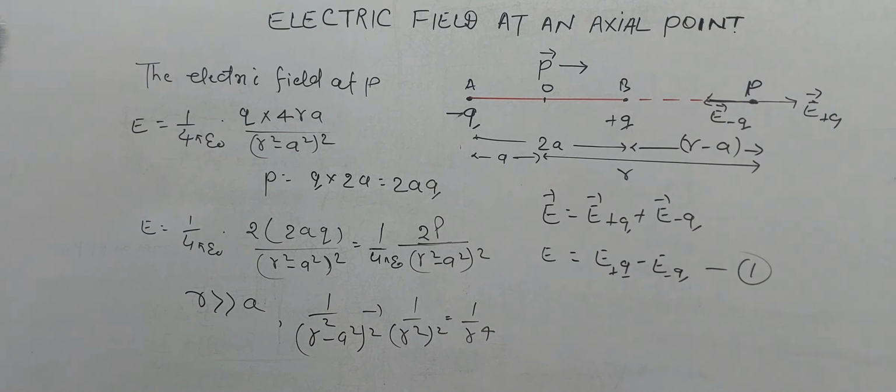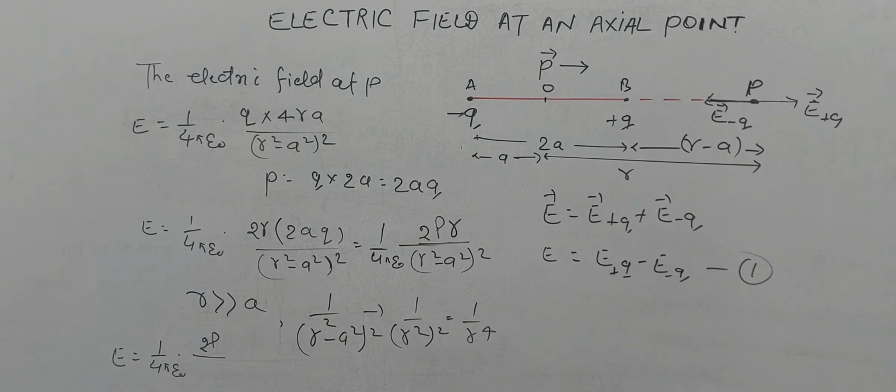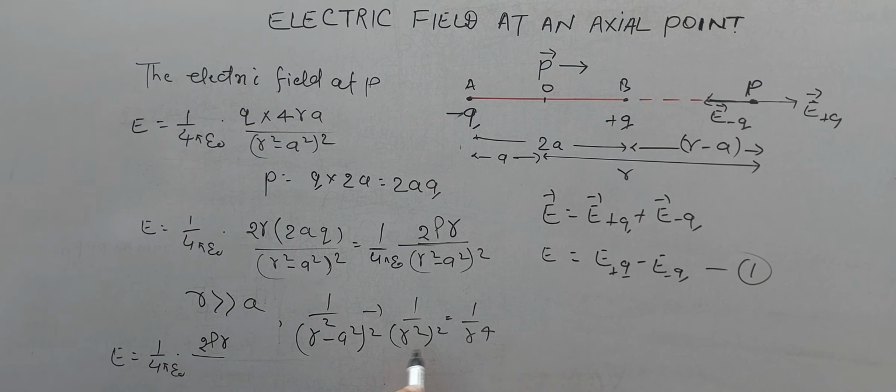Therefore the final value we have is E equal to 1 upon 4 pi epsilon naught, twice P upon r raised to the power 4.